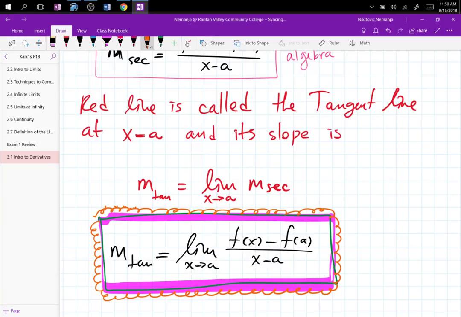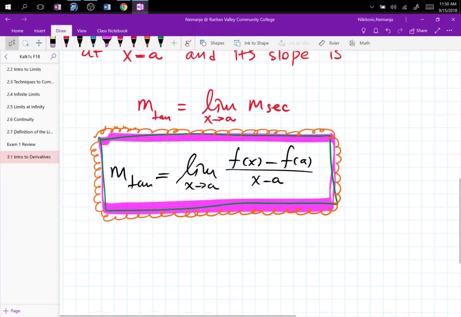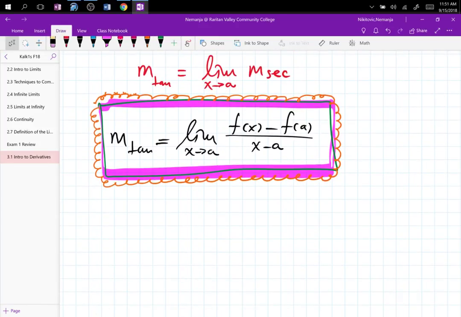So this is the slope of the tangent line. And this is really powerful stuff, guys. You were always taught that in order to find the slope of a line, you have to have 2 points, x1, y1, x2, y2.